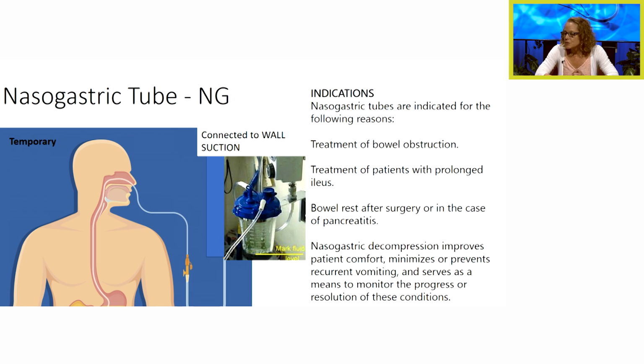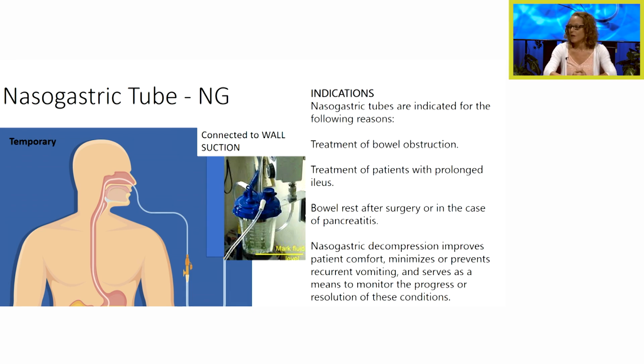We can also use an NG tube in the treatment of patients with a prolonged ileus. An ileus occurs sometimes after surgery when the bowels will stop working. The bowels will just kind of go into shock and they won't be functioning. So we won't hear any bowel tones, and the patient won't be passing any gas or having any bowel movements.